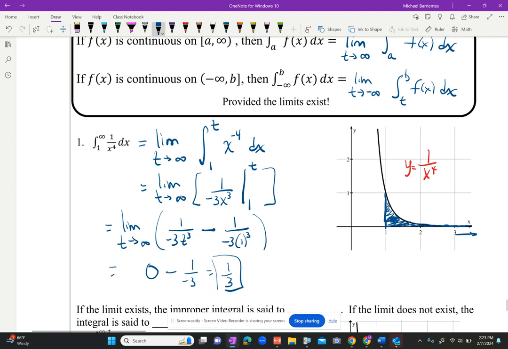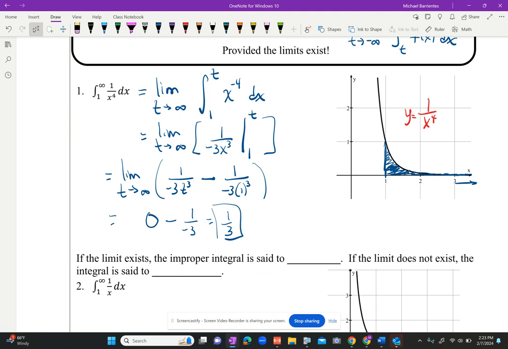What we just found is that this integral that is improper because it keeps shading forever to the right actually does have a set area, and that area is 1/3.